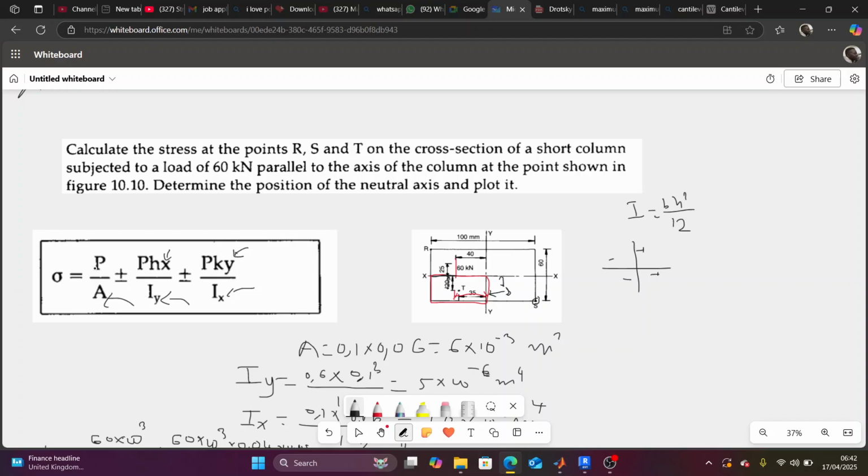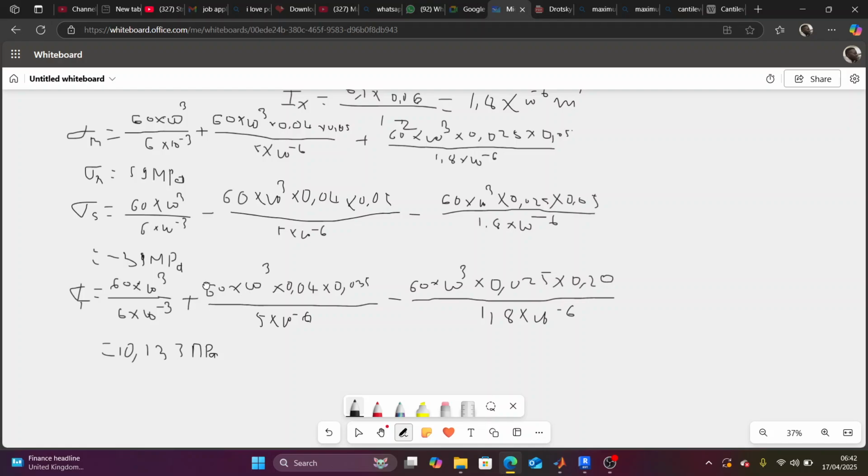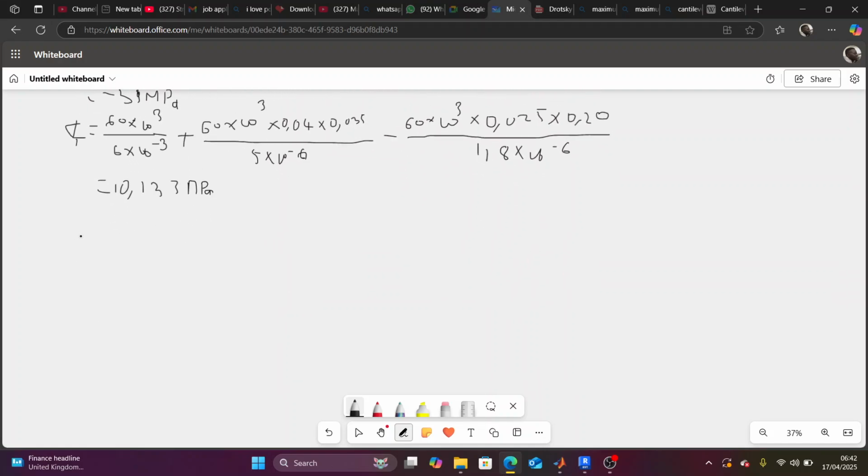So it simply means you take the general equation of this and equate it to 0, and then you can solve for the neutral axis. So what do we mean by that? We have rho, and you know rho is equal to P over A. P is 60 times 10 to 3, everything divided by 6 times 10 to the minus 3.